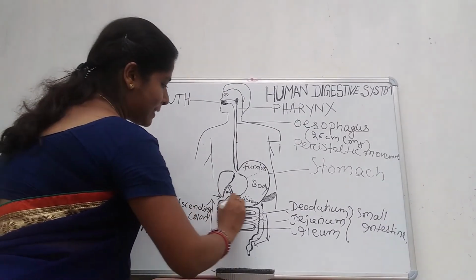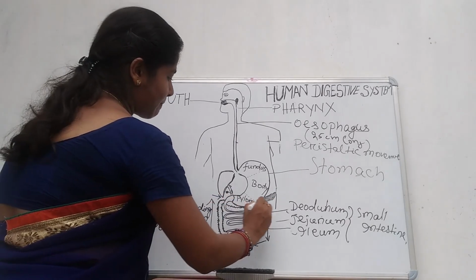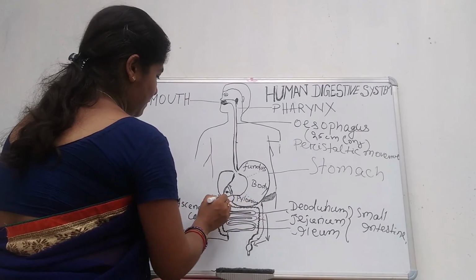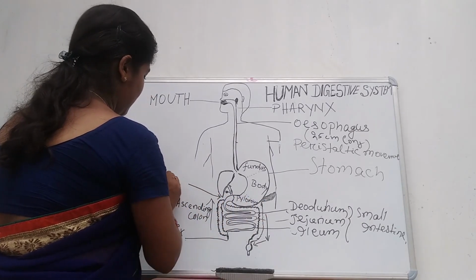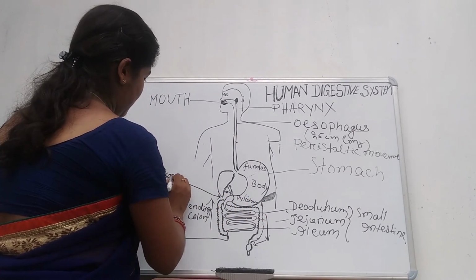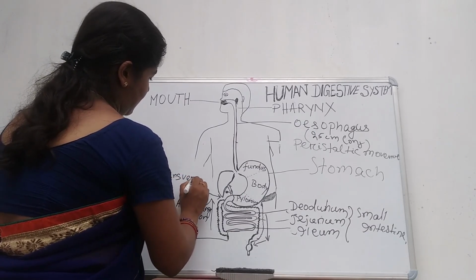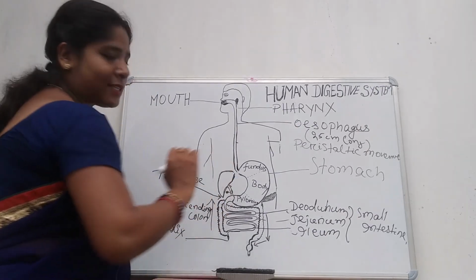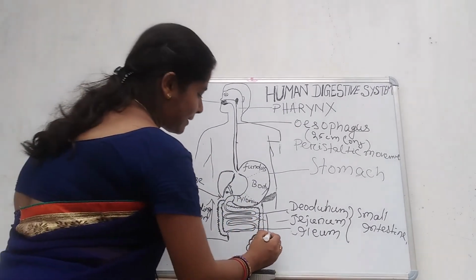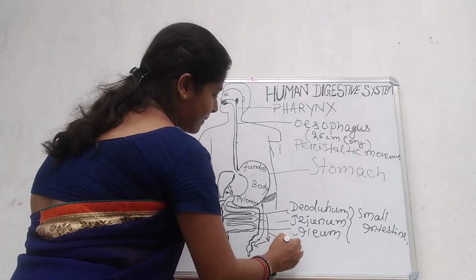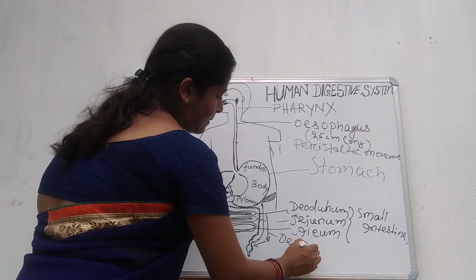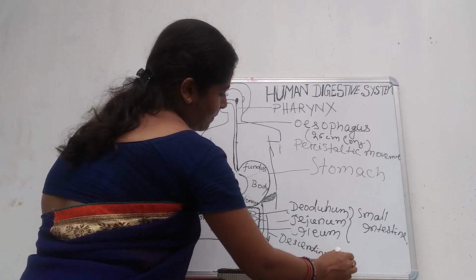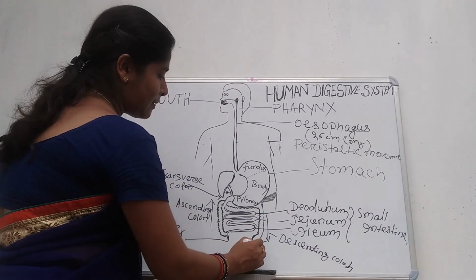Next to this part, this is called the transverse colon. This part is called the descending colon. And sigmoid.